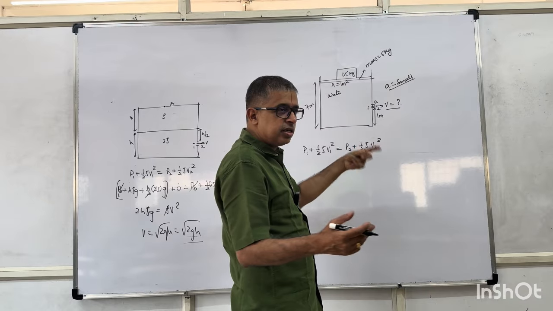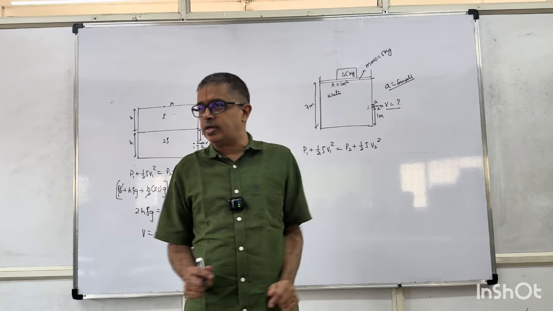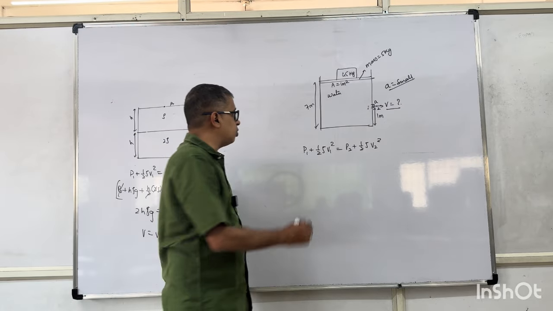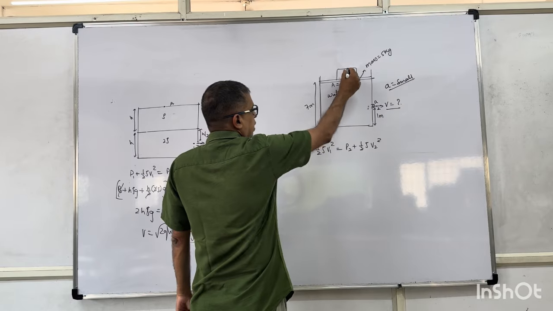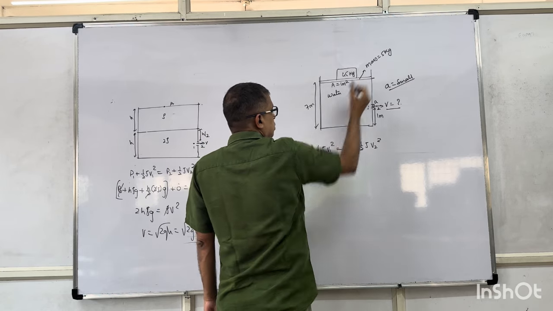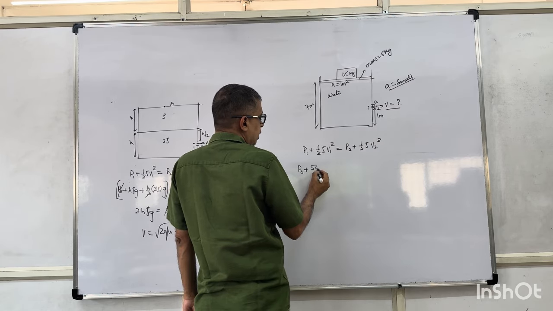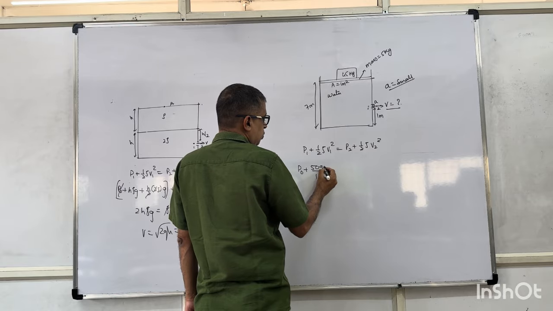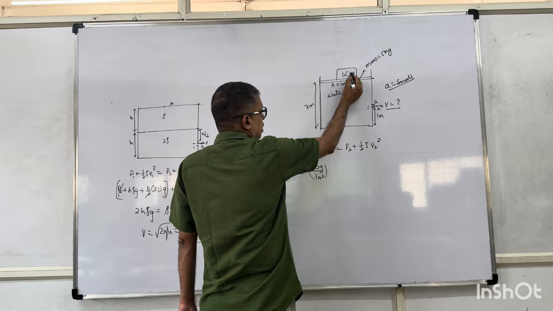Just that the potential energy expression I conveniently cancel out here. Right? You can conveniently take that, we have no issue with that. Pressure at 1 will be atmospheric pressure plus how much is this weight? 50 G divided by area of cross section 1 meter square. This will be the pressure here because of the liquid.